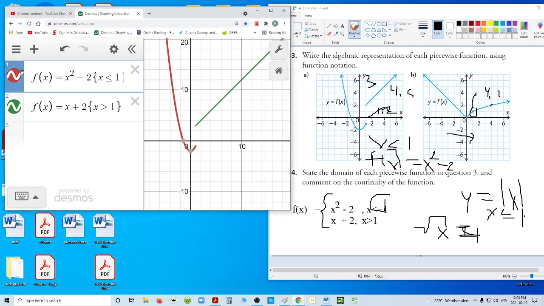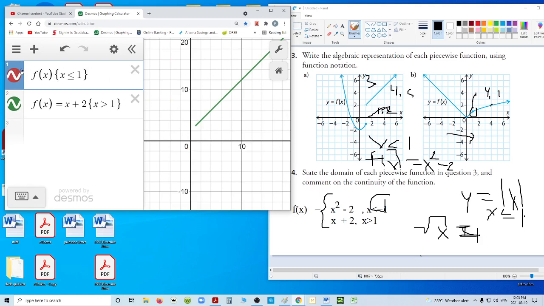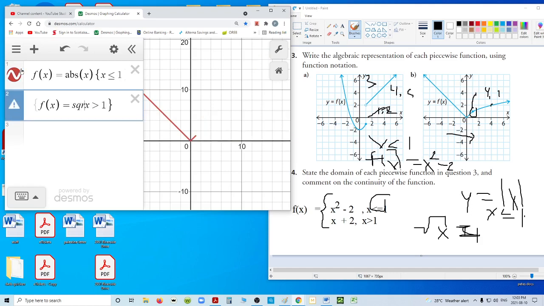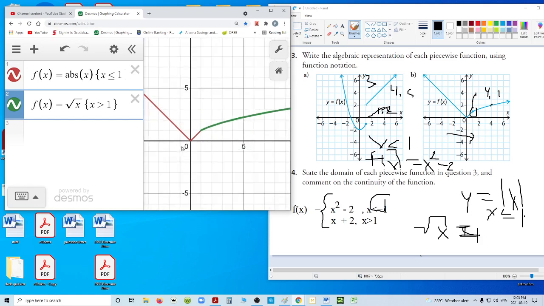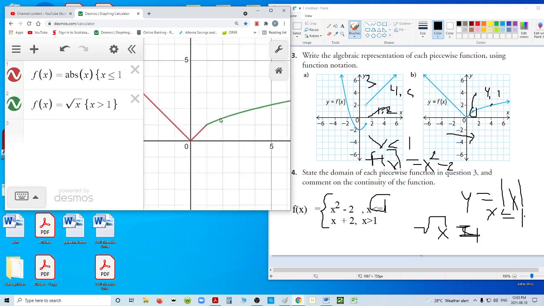So let's try it out. So we've got an absolute value for the first one when x is smaller or equal to 1. And on the next one, we've got our normal square root of x when x is bigger. And if I zoom in, sure enough, there's our 1, 1 undefined on our root function. There's our 4, 2.